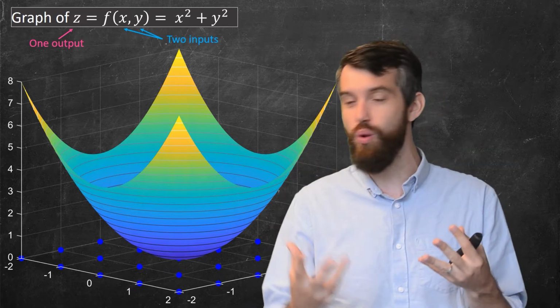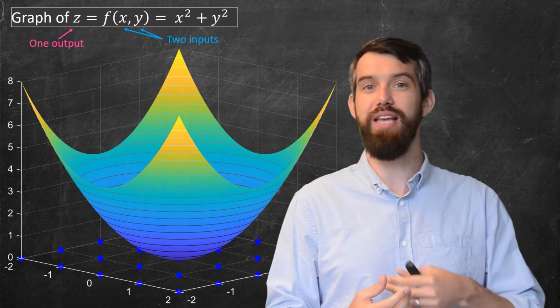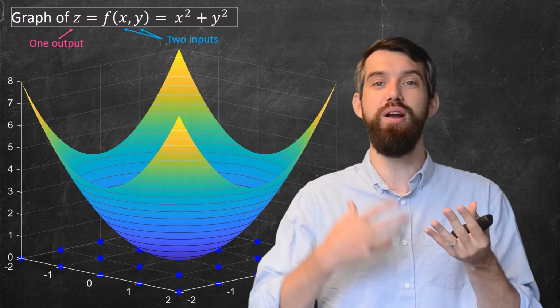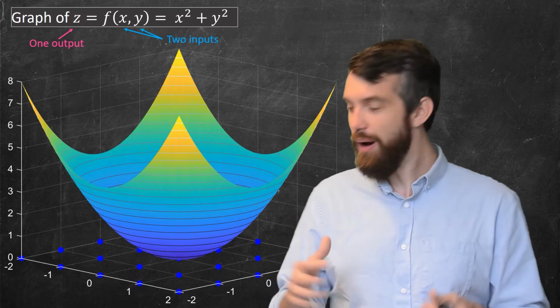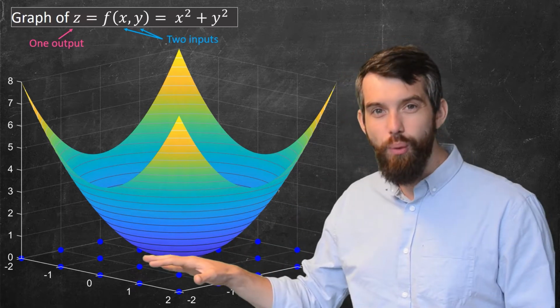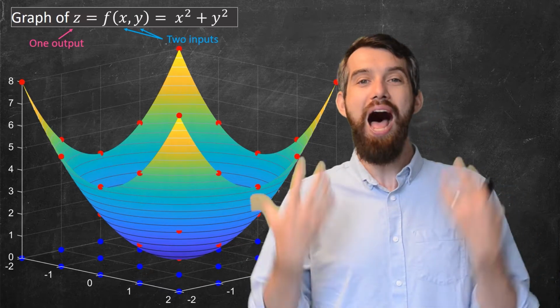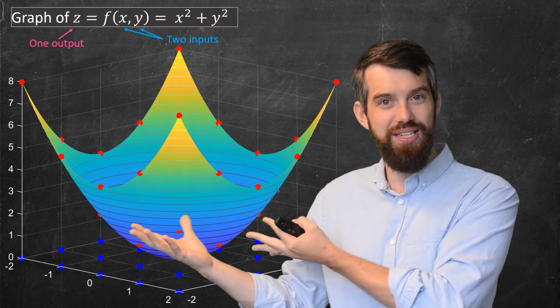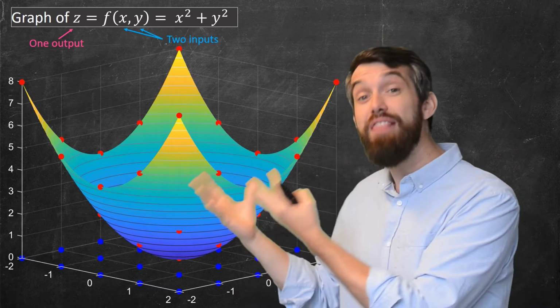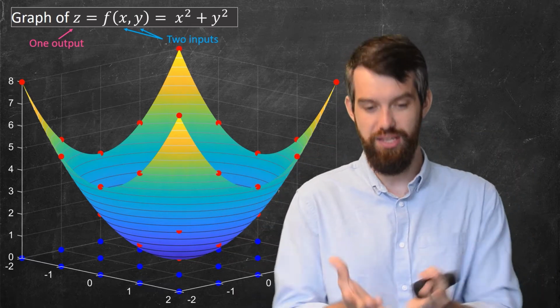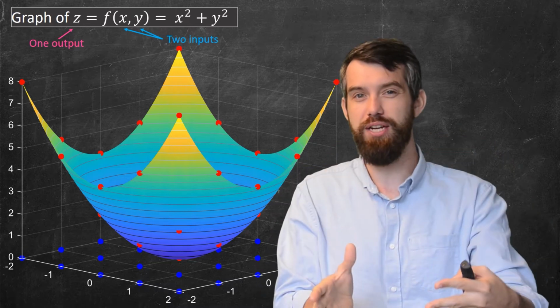Well, it's 0 squared plus 1 squared, which is 1. What's the height above, say, 2, 3? Well, it's 2 squared plus 3 squared, which is 13. So above all of these blue input points, you can get these red heights, and then if you put all the red heights together and plot it with sufficient resolution, computing enough points, you could get the visual that this is representing, this sort of bowl-shaped object.